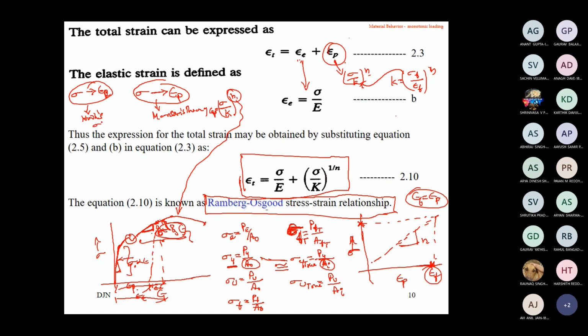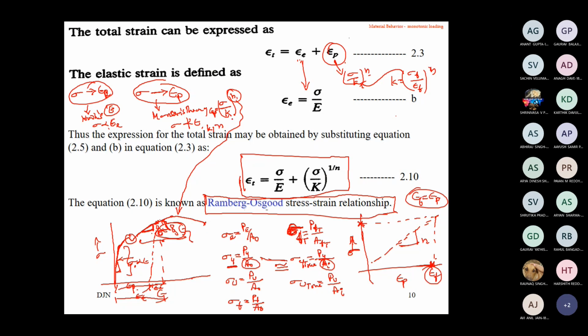Hooke's law states that sigma is proportional to strain, and the proportionality constant is E in the elastic region, Young's modulus E. In the plastic region, stress is not directly proportional to strain. It is related by a constant K, the strength coefficient, and that non-linearity parameter n.